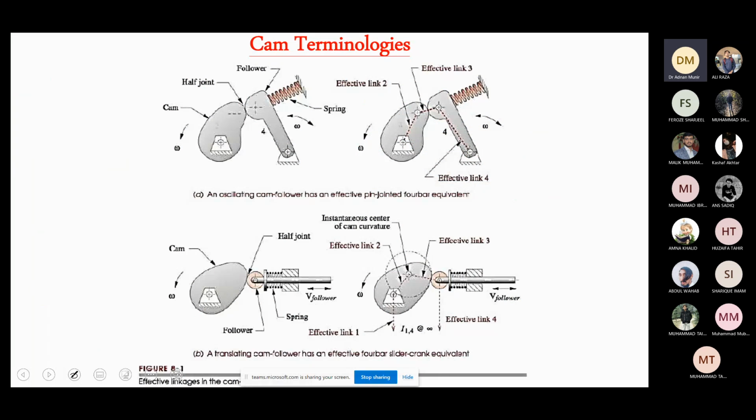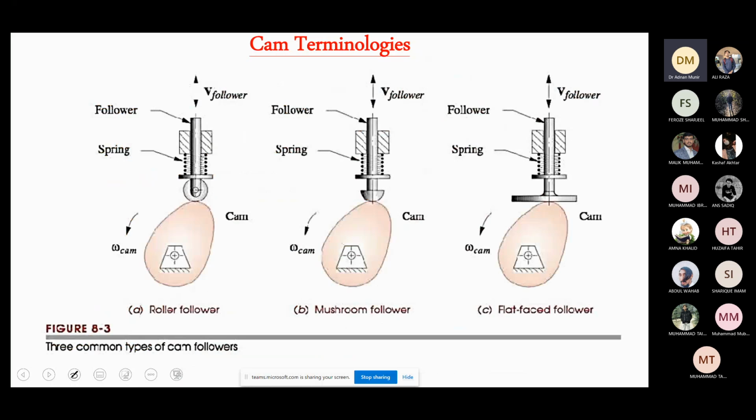Now we already discussed that the first two examples shown in the figure above are for the oscillating cam follower, and the ones shown below are for the translating cam follower. In this case, the classification is based on the motion of the follower, whether it is oscillating or translating. Now in this figure, you can see that the cam follower is classified based on the type of follower being used.